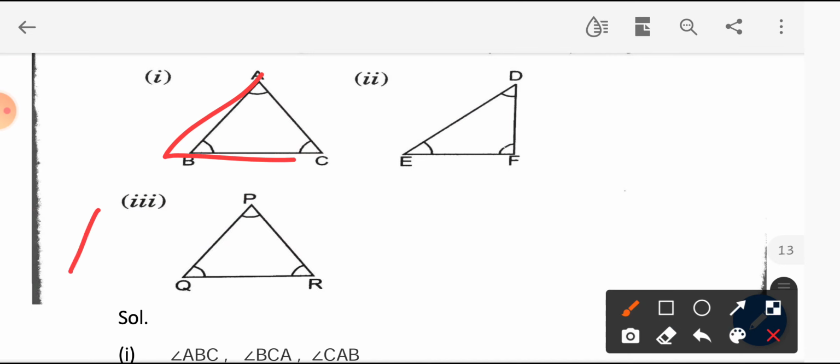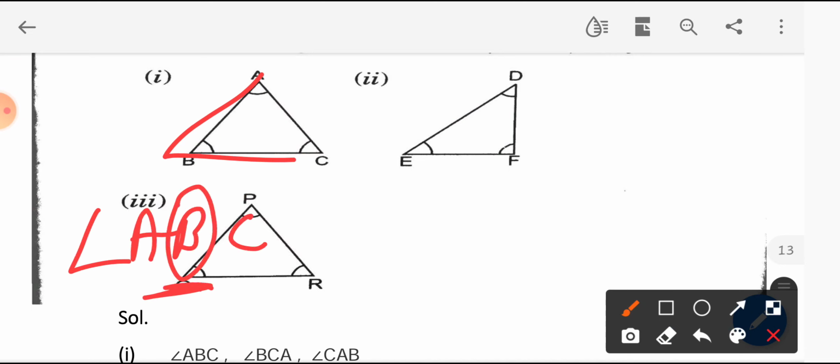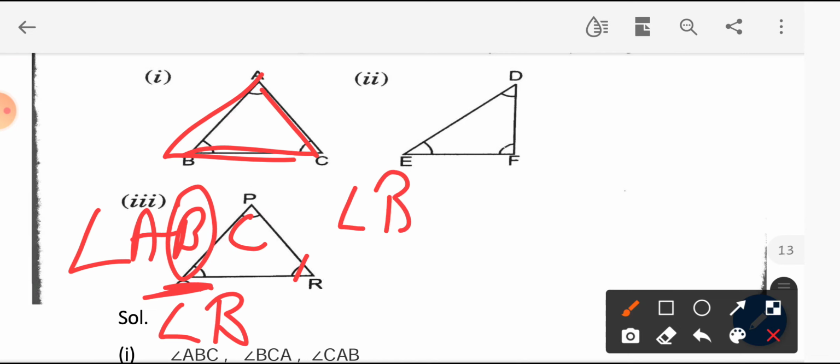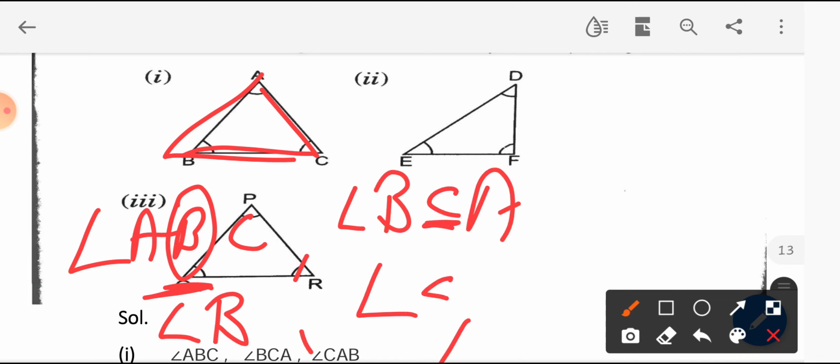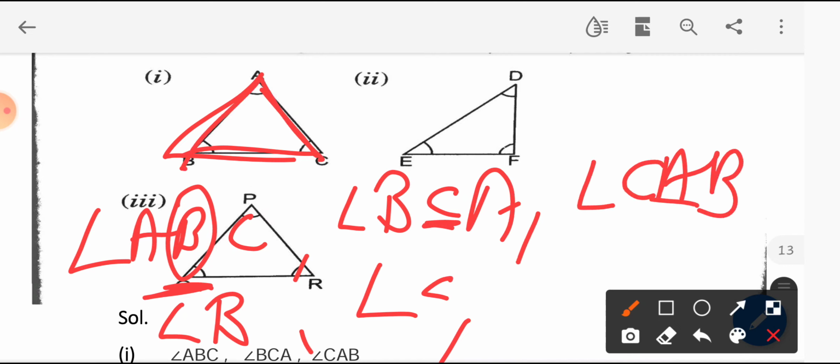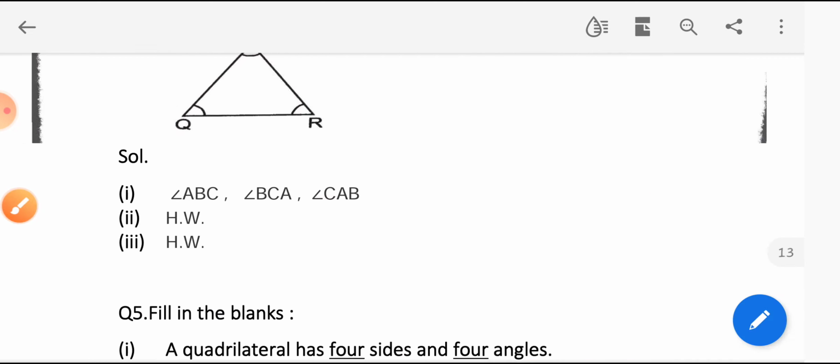Angle ABC means angle B. Then the second one, BCA, means here we are talking about angle C. Then CAB, it means it is angle A. So you can see we have written all the angles, angle A, angle B, angle C. In this way we can write all 3 angles of our triangle.